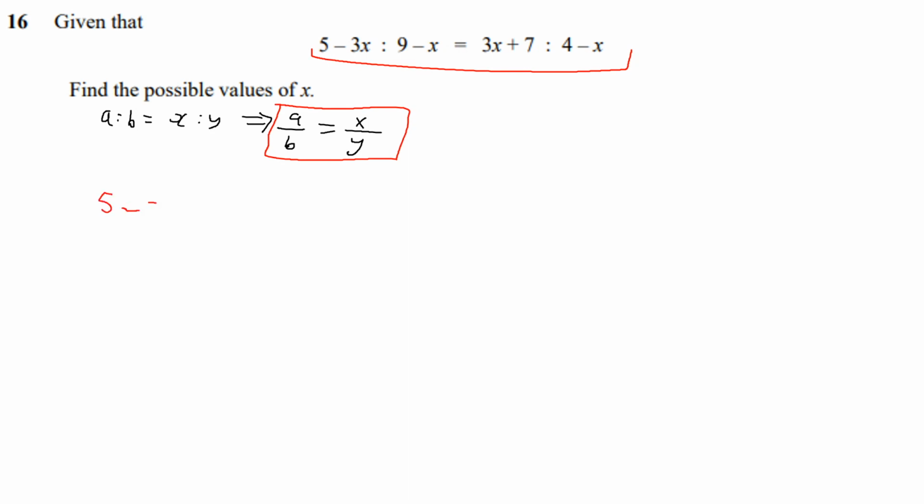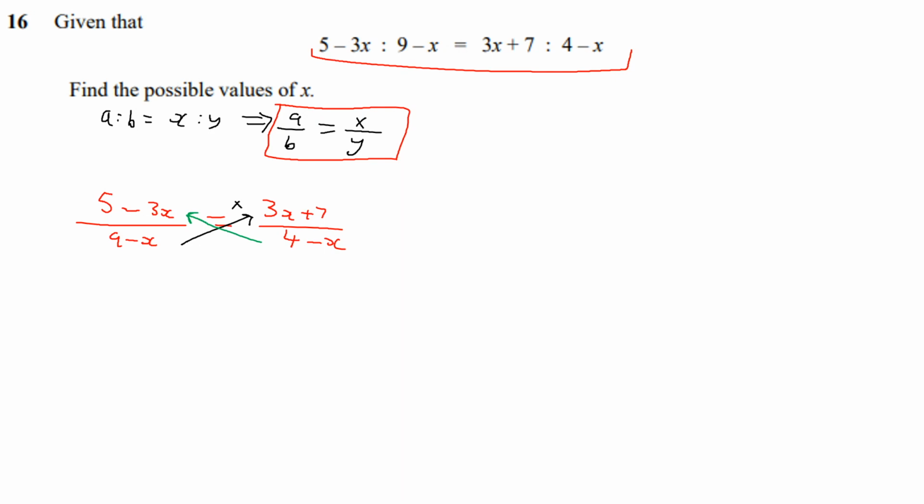(5 - 3x)/(9 - x) is equal to (3x + 7)/(4 - x). Okay? And then what do we need to do? We need to take it out of the fraction. So we can multiply here, and we can multiply here.